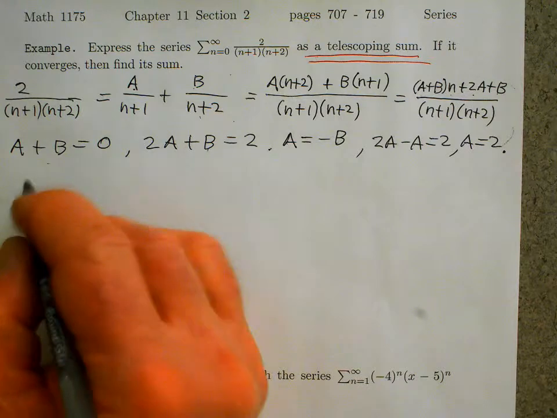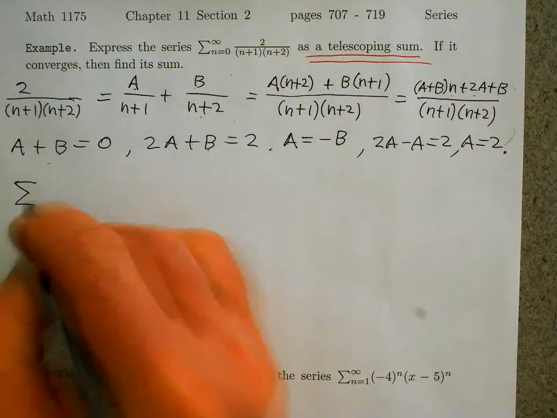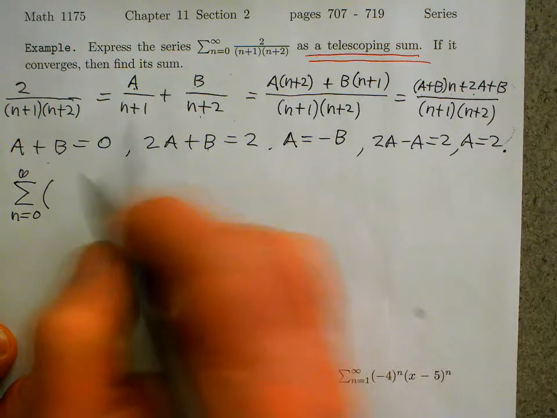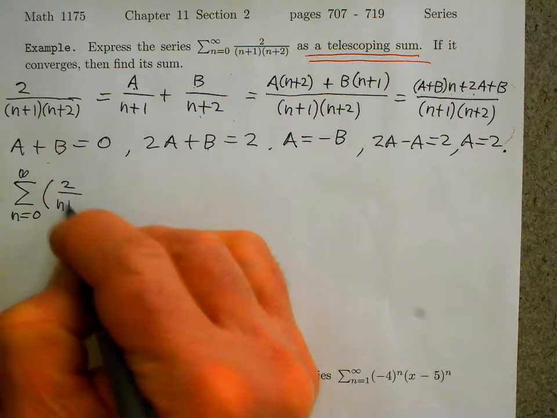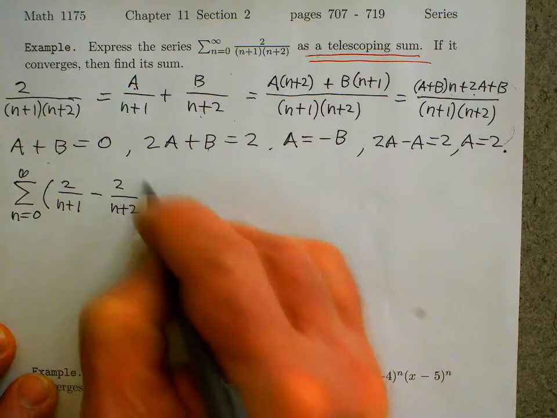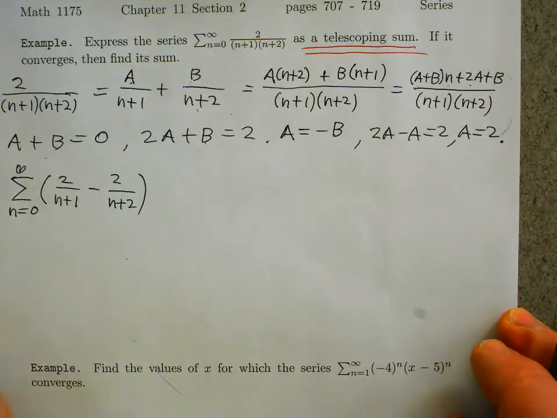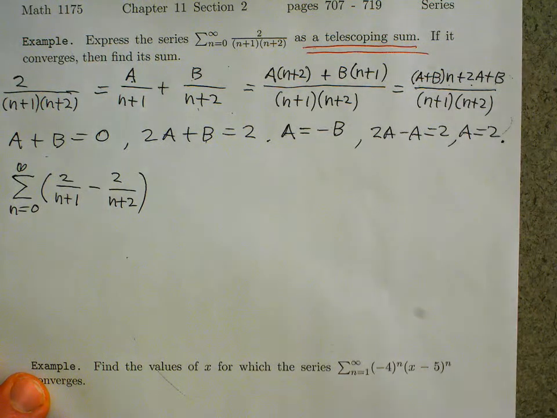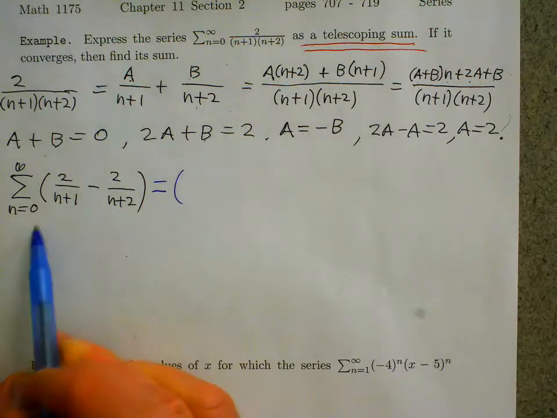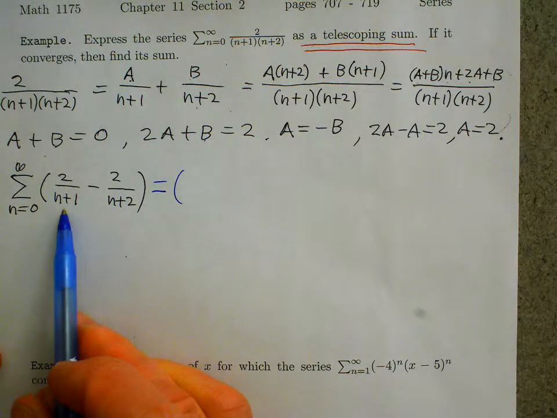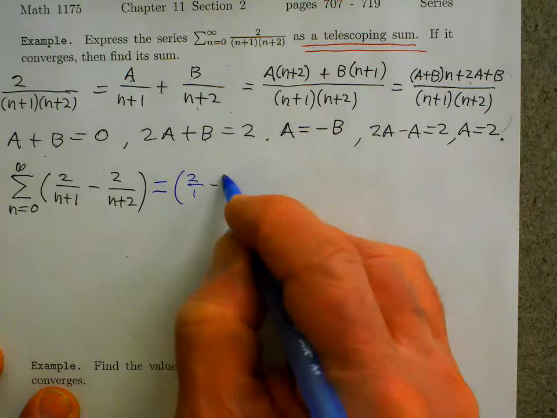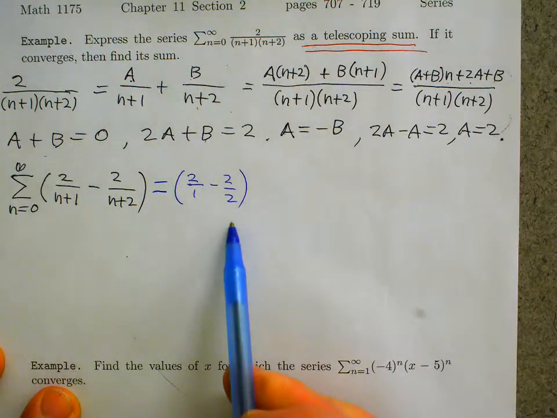Okay, so we'll rewrite the series as 2 over n plus 1 minus 2 over n plus 2. Then when n is 0, we get 2 over 1 minus 2 over 2, which is just 1.